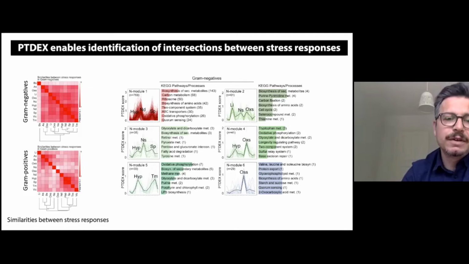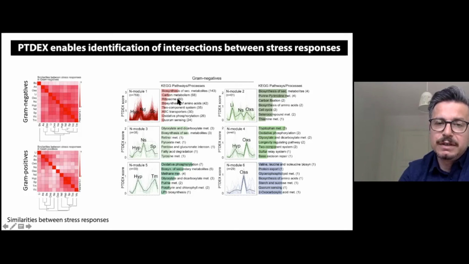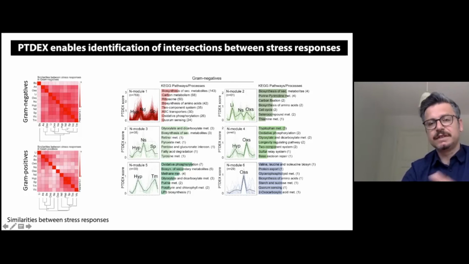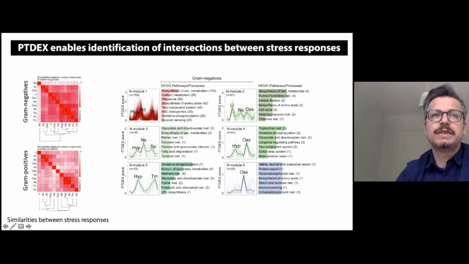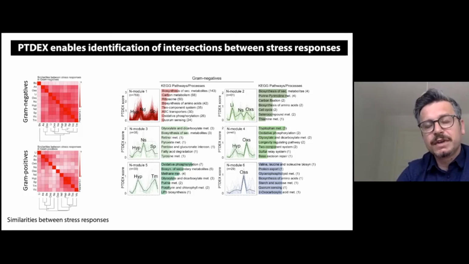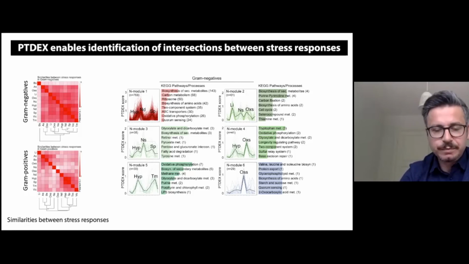And now here you can see the PTDX scores of genes that have similar patterns over hypoxia, nutritional downshift, and stationary phase could be involved in the biological processes that you can see here. And then the same for low iron, nitrosative stress, and oxidative stress. So this is an example from gram-negatives, and we have done this for gram-positives too.